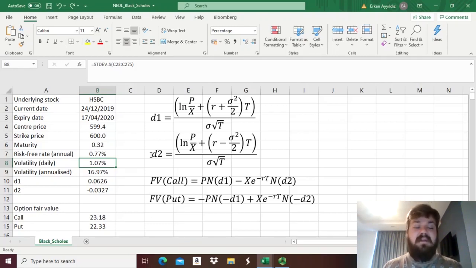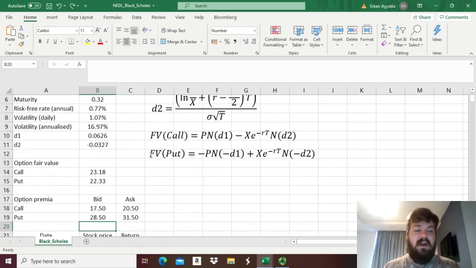Let's see, the current option premia that have been in place on the market on the 24th of December 2019 are the following. So those are bid prices and ask prices. So the fair value of the call is much higher than the ask price for the call.